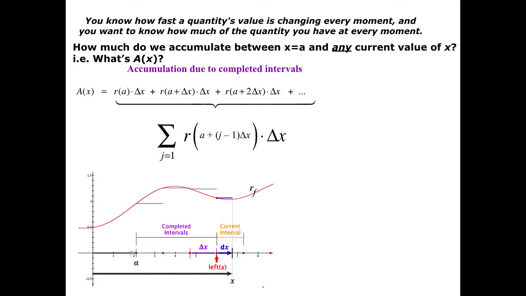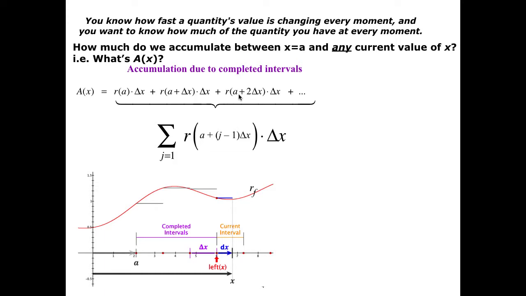And then the shortcut notation you talked about was using this summation to express that. This j minus 1, j was used as an index, and just the idea, again, for the first interval, we have the rate evaluated at the beginning, a. For the second interval, we need to go past one interval to get there. So I have, for the second interval's rate, I have a plus 1 delta x because I'm past one interval in order to be in the second interval.